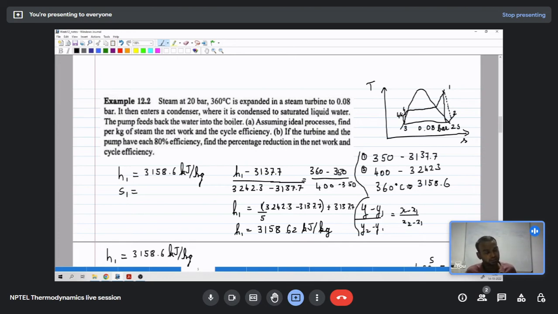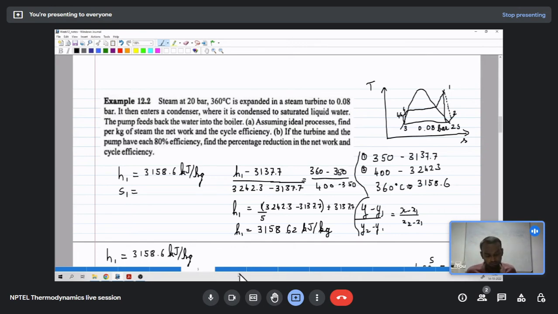We can approximate that this is the same, at the saturation line, or we can also add enthalpy from this H3 point. H3 plus the work done by the pump will go into the steam or the liquid at state 4. So I think we can do it that way.